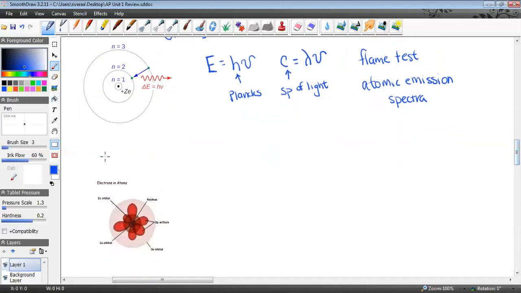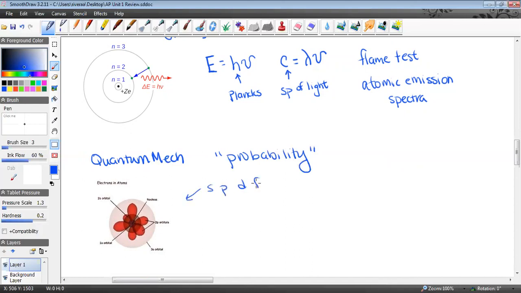So instead we use what we call the quantum mechanical model of the atom, which is based on probability, not certainty. And we call these s, p, d, and f things, instead of orbits, atomic orbitals.